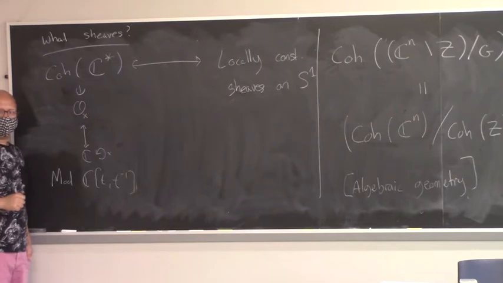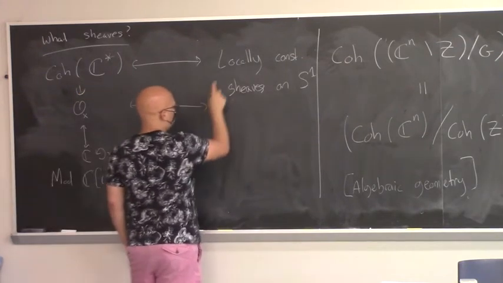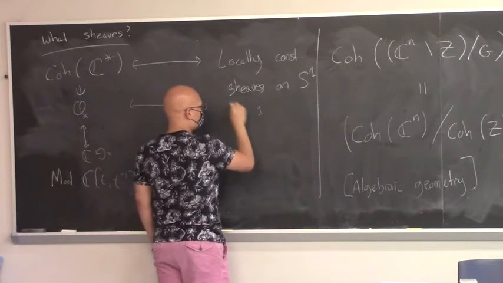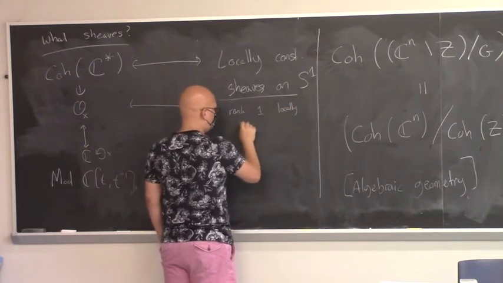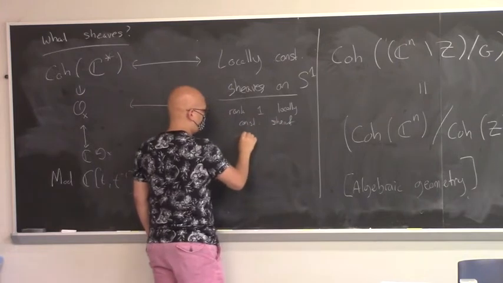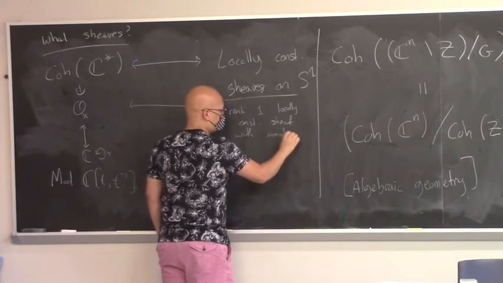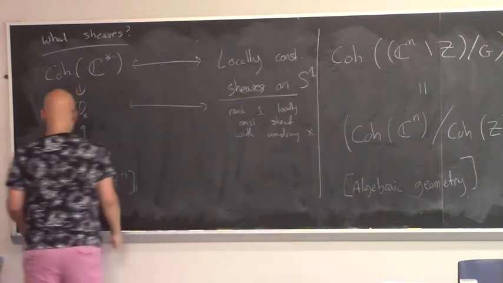That's what that is. And so it goes to the locally constant sheaf, the rank 1 locally constant sheaf with monodromy x. Okay, that's one example.